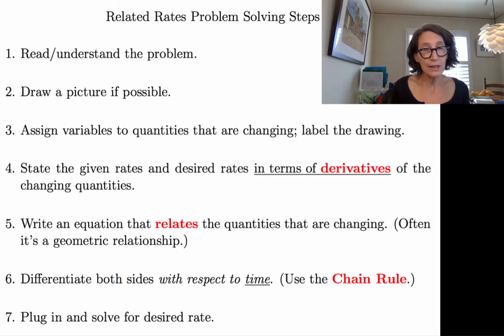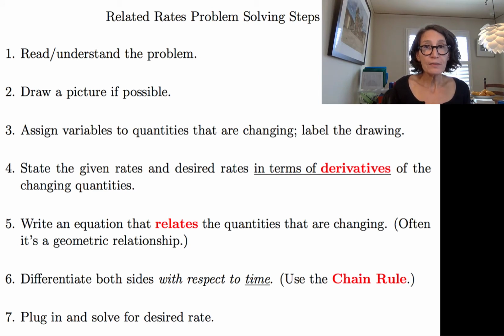Almost every related rates problem has a picture, some geometric object of some sort, or a map, a situation. You have to draw the picture and start figuring out the relationships between all the things that are changing in the situation. And then in step 3, you're going to start assigning variables to the things that are changing in your picture.